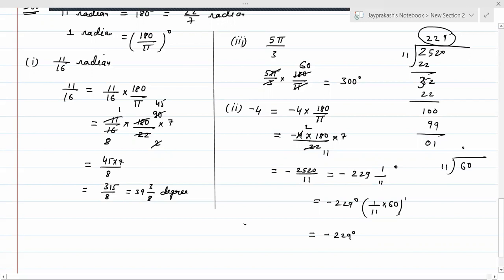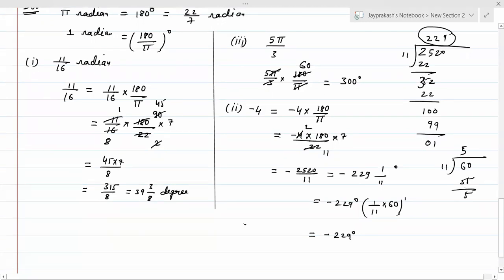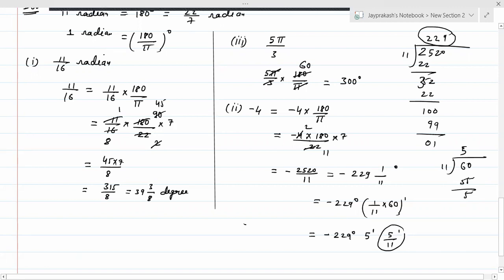So 11 fives are 55, 5 is remaining. So the quotient we got is 5 minutes, and the remainder gives 5 by 11 minute. So the minute is 5 integer 5 by 11. So this one is the complete minute.